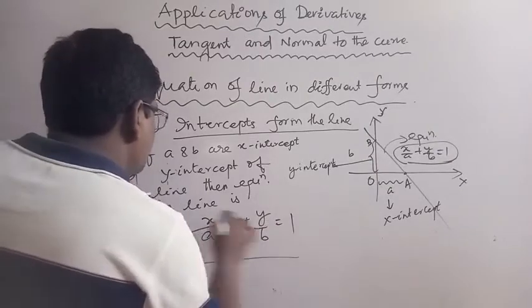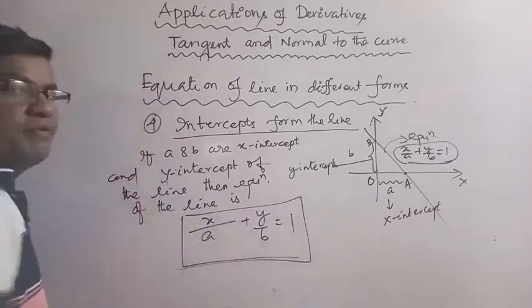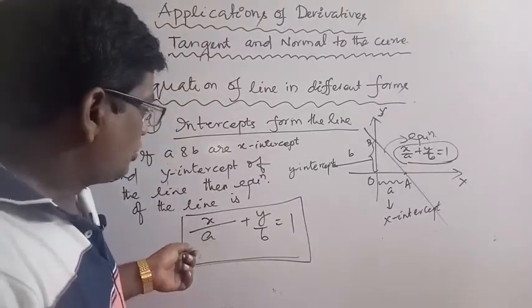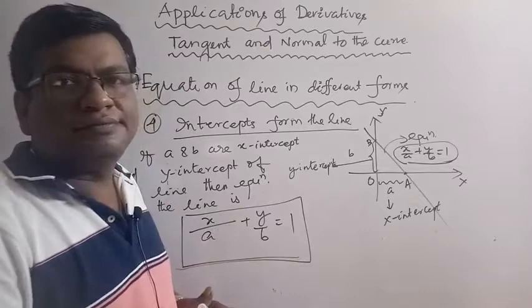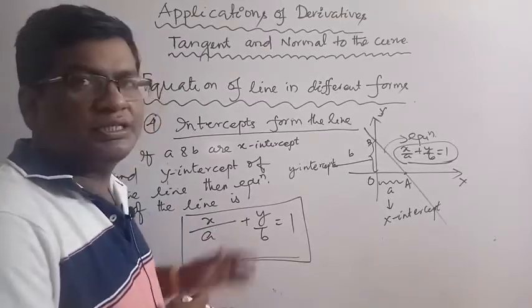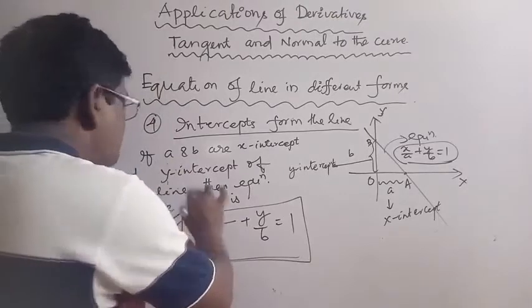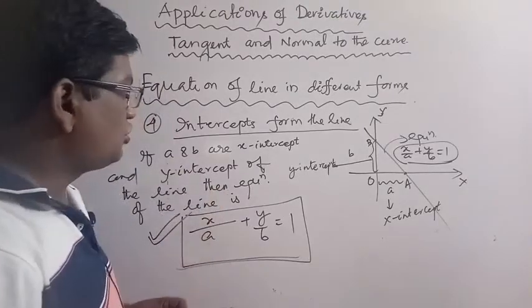This is the intercept form of the equation of line. This is also required to solve the problems of tangent and normal. Some questions we can solve using this concept.